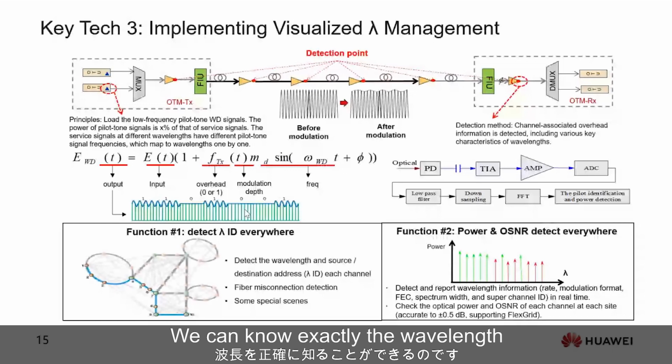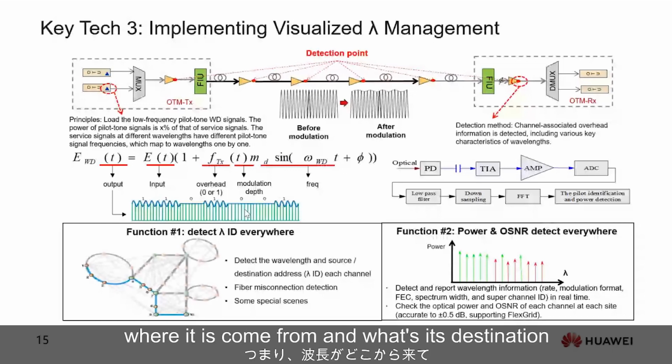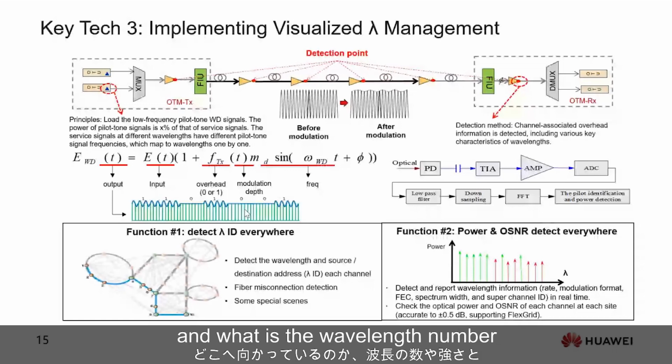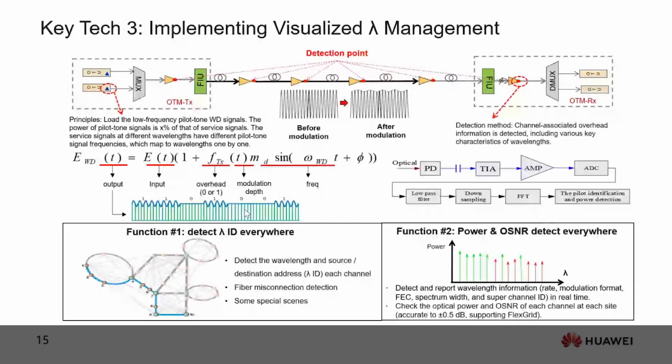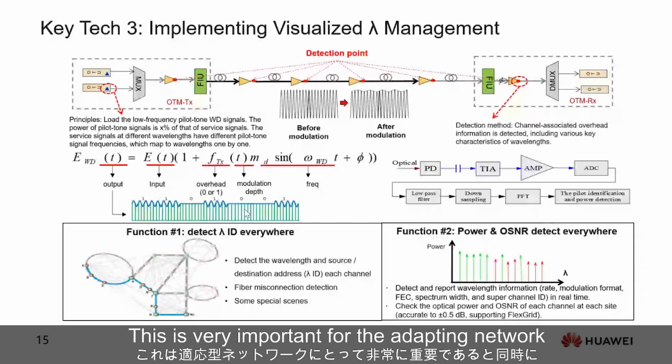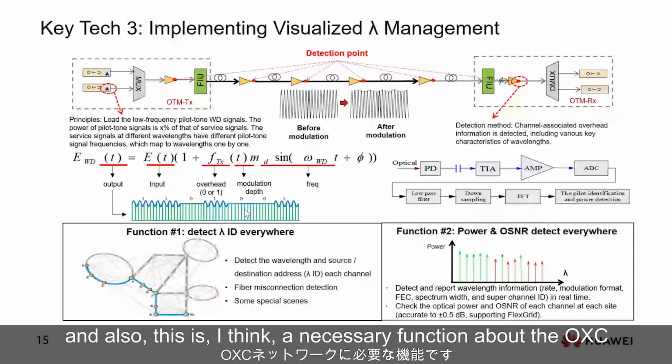So we can know exactly where the wavelength comes from, what its destination is, the wavelength number and power, and almost the OSNR of this lambda. This is very important for the adaptive network, and I think it is a necessary function for OXC and networking.